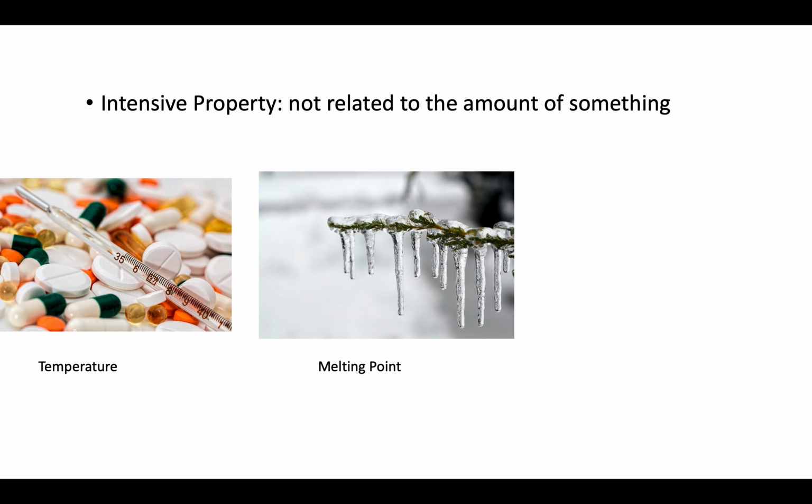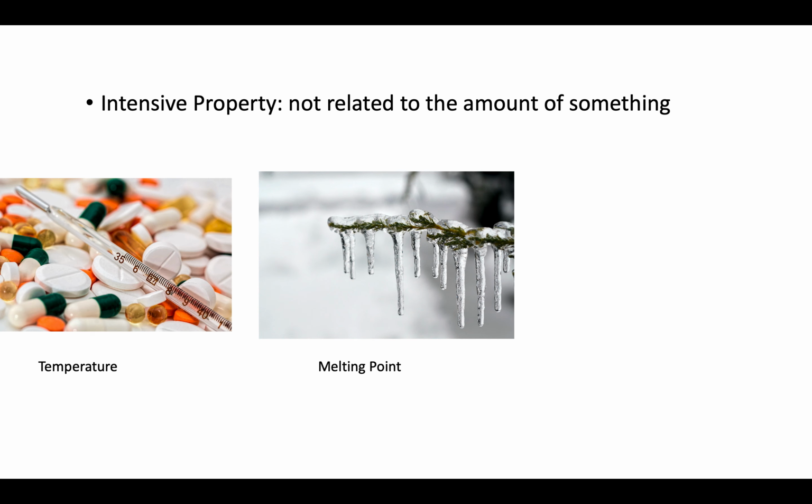Another thing is the physical property we talked about last time, melting point. Let's say you put water in the freezer, and at 0 degrees C, it will turn into ice, right?